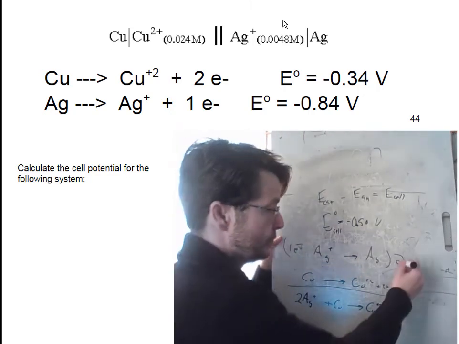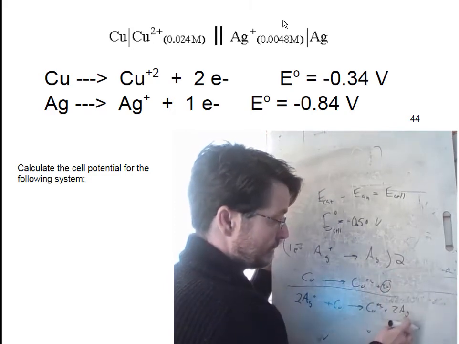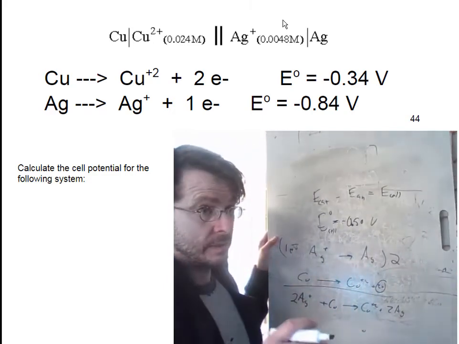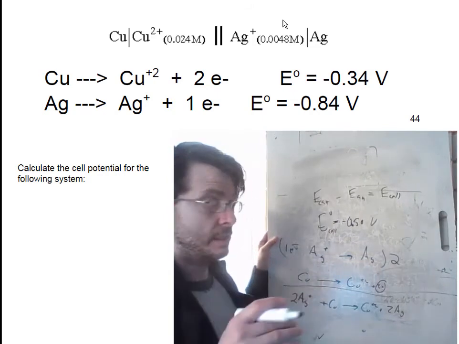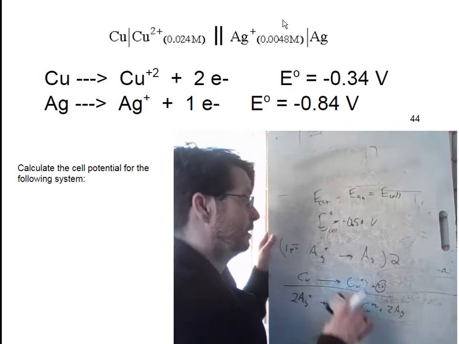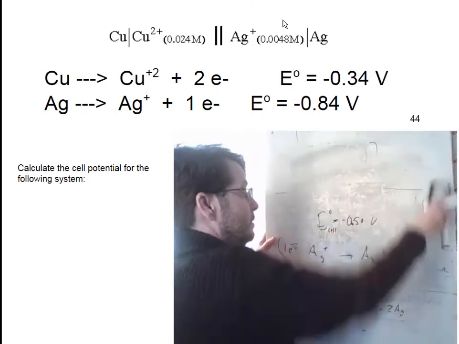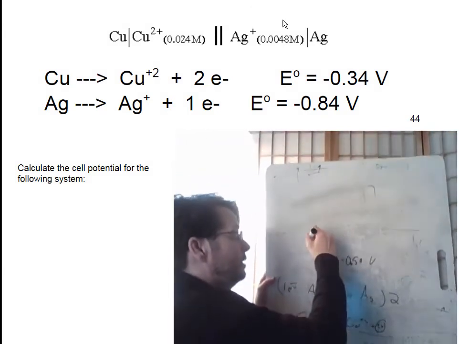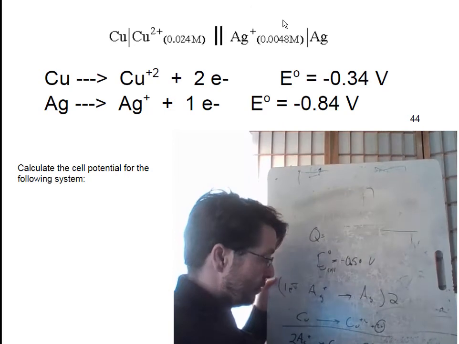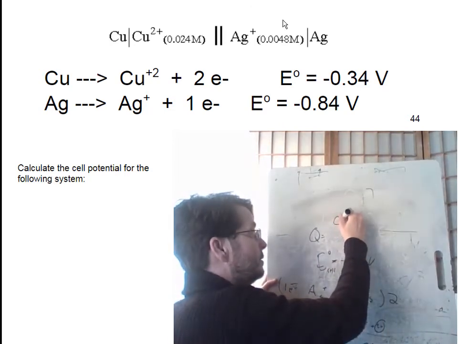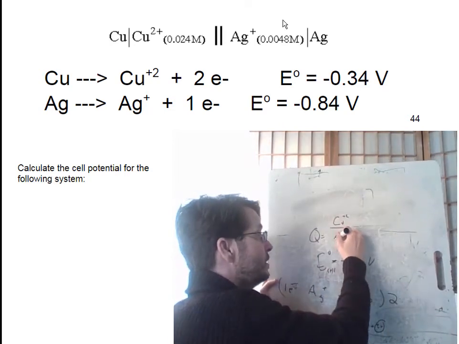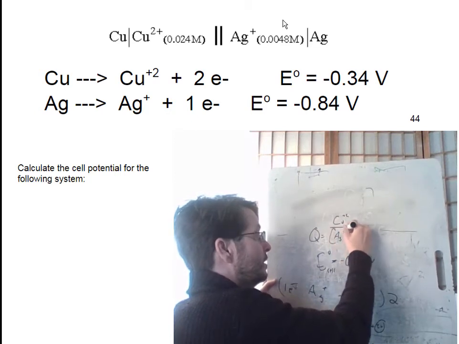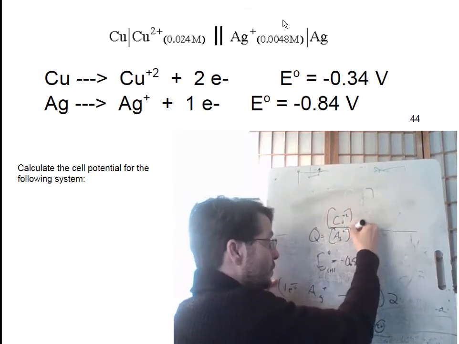And again, this is a 2 electron process, and so the other important tidbit here is Q. Once you know the reaction, Q then becomes products over reactants, copper plus 2 over silver plus squared.